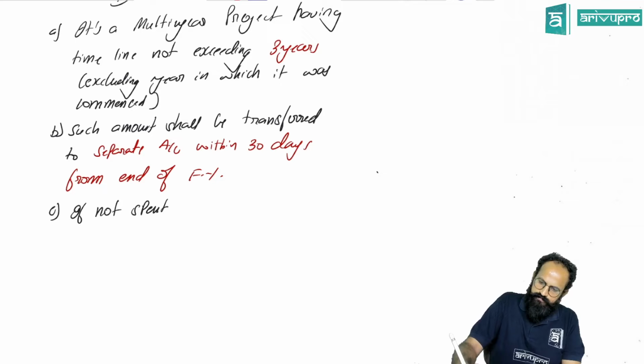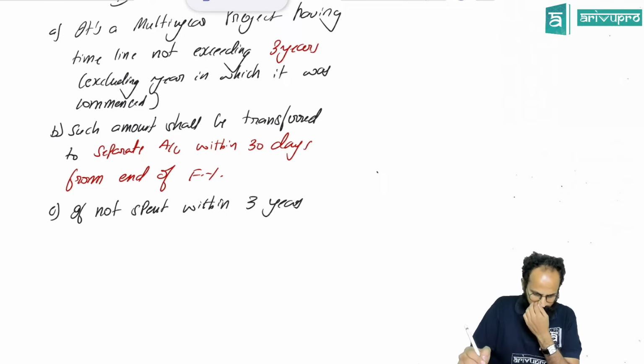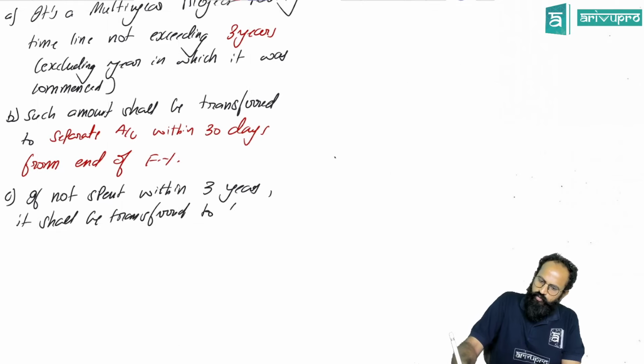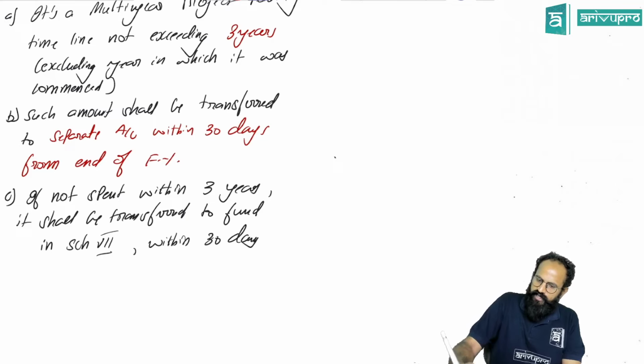If not spent within 3 years, it shall be transferred to a fund in Schedule 7 within 30 days of the end of the third financial year.